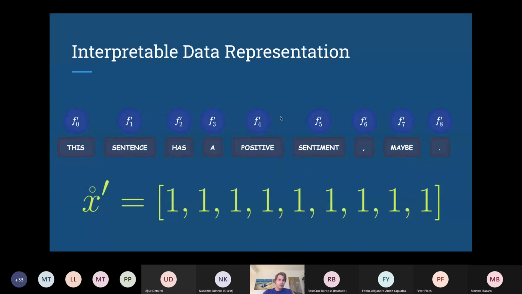So the first step to build a surrogate is to build our interpretable data representation. In case of text, we tokenize our sentence.